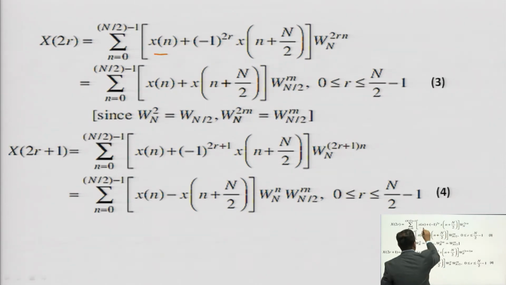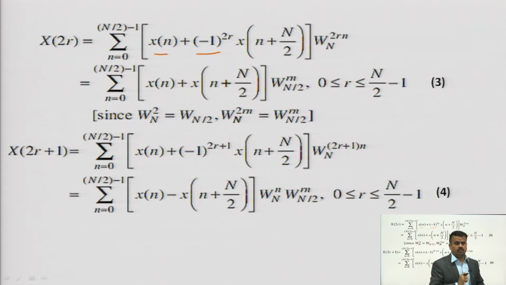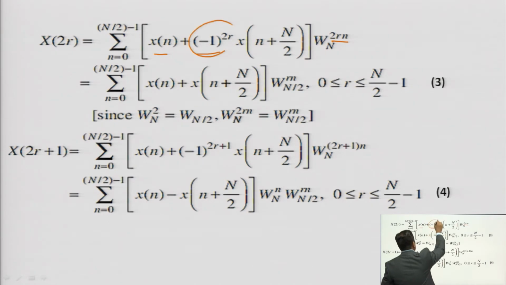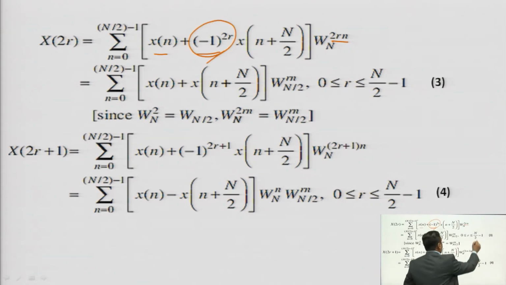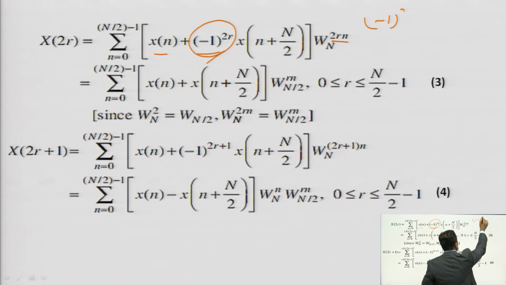Now, x[n] plus minus 1 to the power k was there in equation number 2. So, here you are putting k is equal to 2r. So, it will be minus 1 to the power 2r into x[n + N/2] into W_N^(nk). Now, k is equal to 2r you are putting here, so W_N^(2rn). You know minus 1 to the power 2r is always equal to 1.